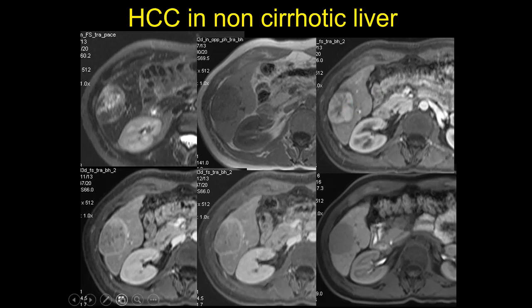There is wash-in, there is washout, there is a capsule, and in the hepatobiliary phase it was hypointense. So we supposed it was an adenoma. It was resected, and it was HCC in a non-cirrhotic liver. And you can see here the central scar and the inhomogeneous appearance. They are quite large lesions.